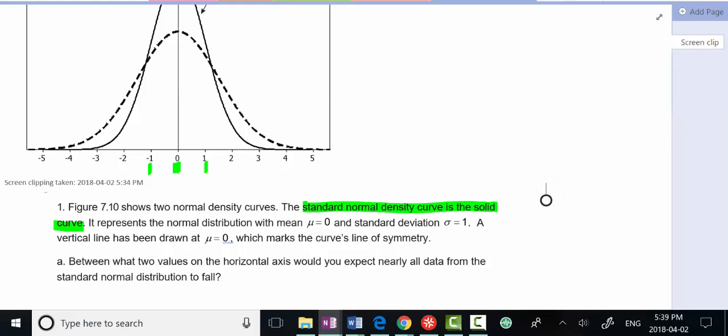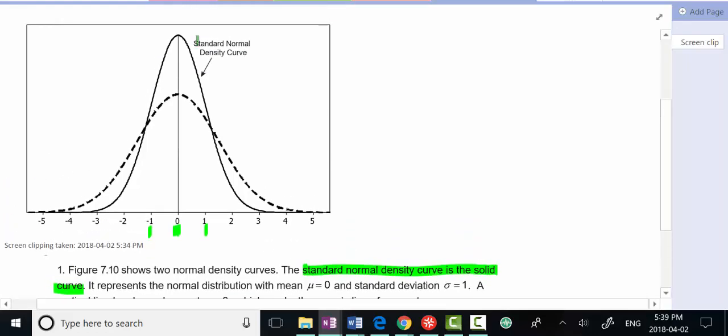So the question is, between what two values on the horizontal axis would you expect nearly all the data from the standard normal distribution curve to fall? The standard normal distribution curve is this one, the solid line. Well, if you follow the line down, on the left-hand side it's going past -3, maybe to -3.5, and over on the other side, 1, 2, 3, a little bit more, maybe 3.5.